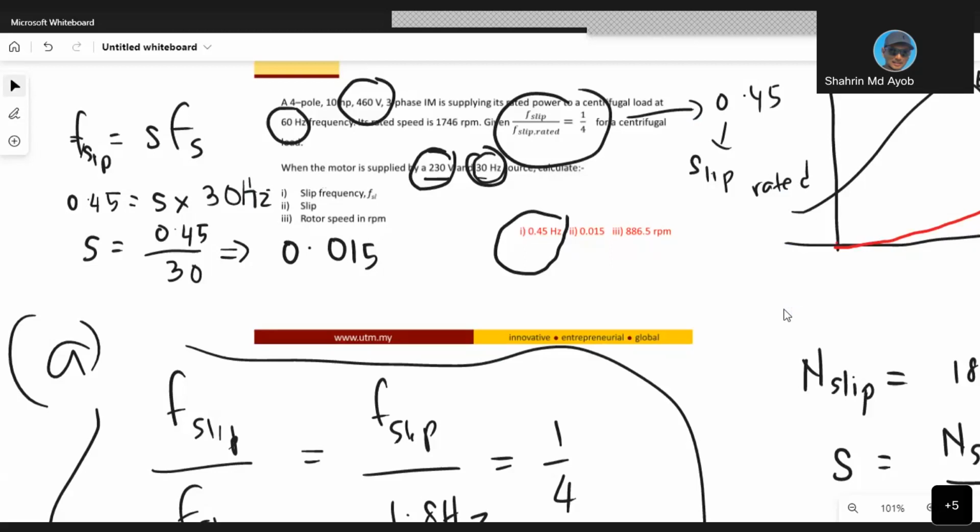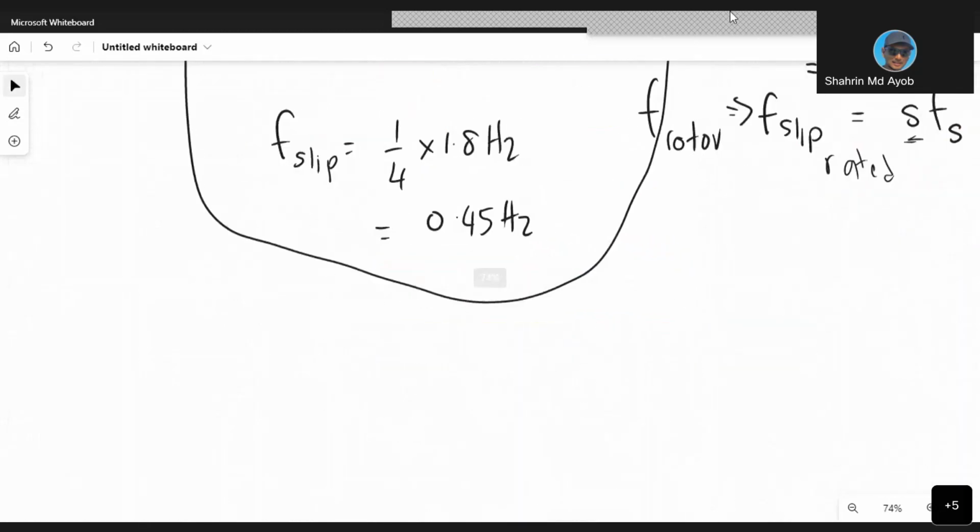Okay, the third one is the rotor speed in RPM. So what is the rotor speed? Right now what you have obtained is the slip, right? Your slip is 0.015, and the supply frequency is 30 Hertz. So what is your Ns?